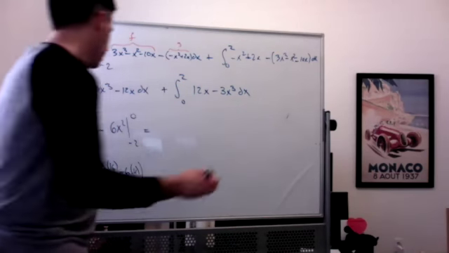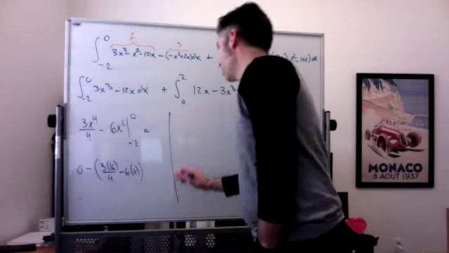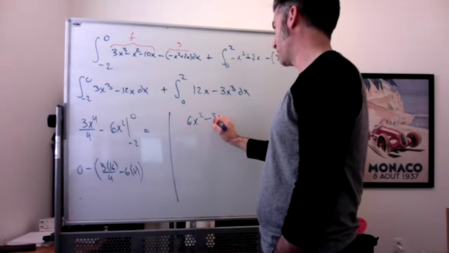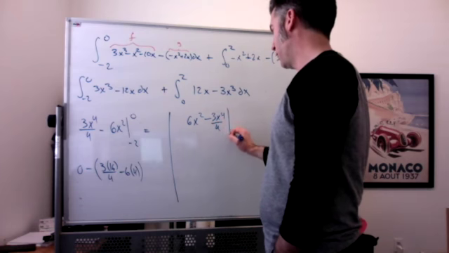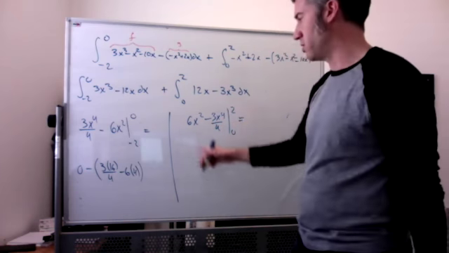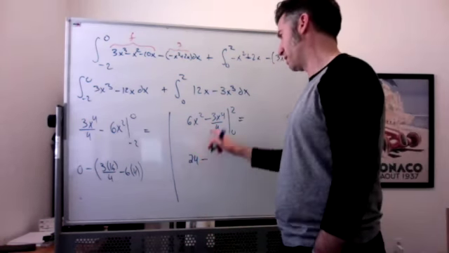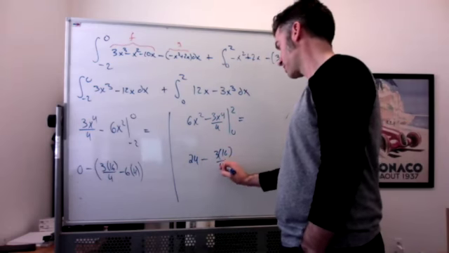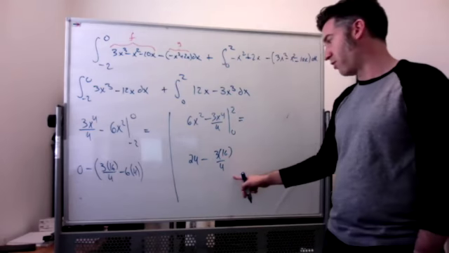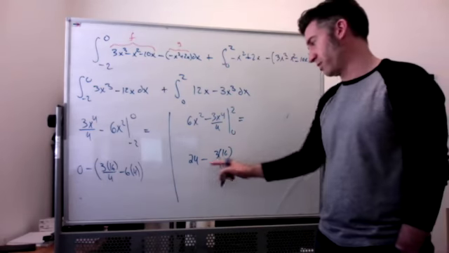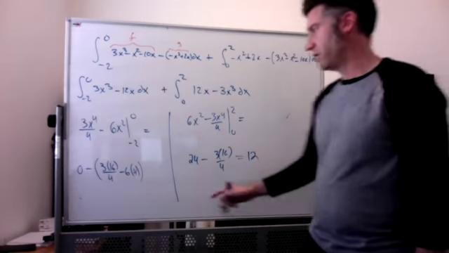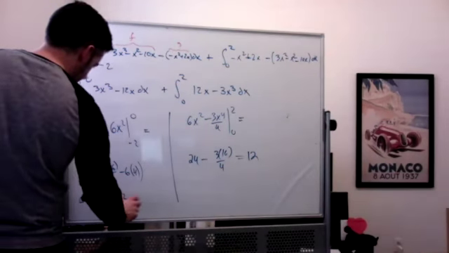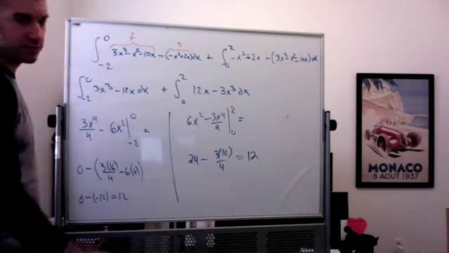And then over here, we'll get 6x squared minus 3x to the 4th over 4 from 0 to 2. If we plug in 2, we're going to get 24 minus 3 times 16 over 4. 16 over 4 is 4, 3 times 4 is 12, 24 minus 12 is 12. This is going to be 0 minus -12, which is also 12. So we end up getting 24.